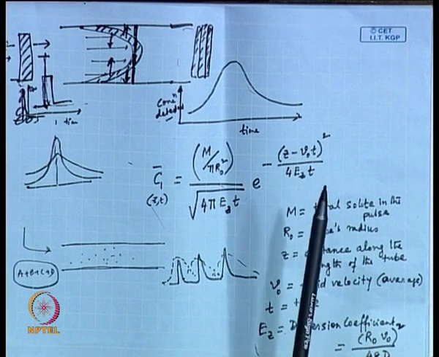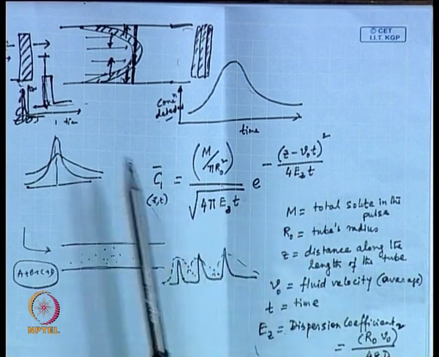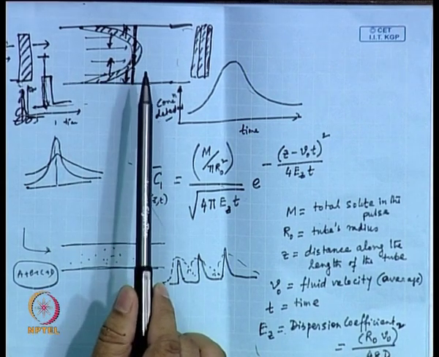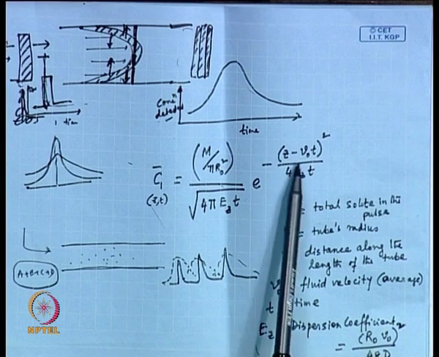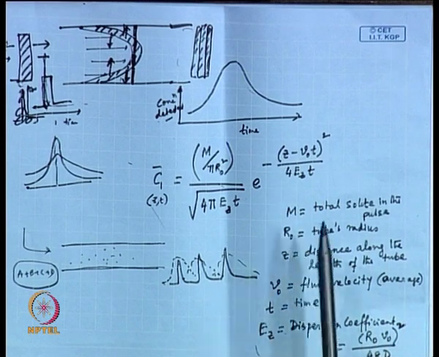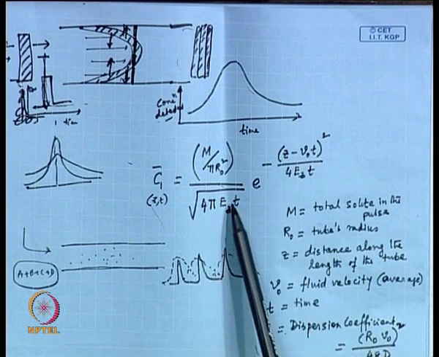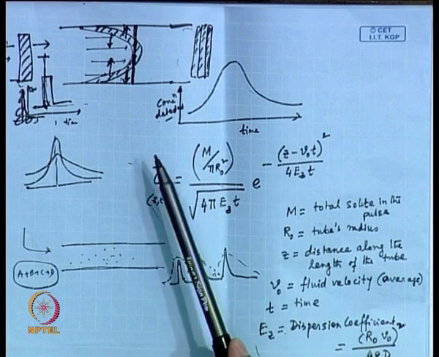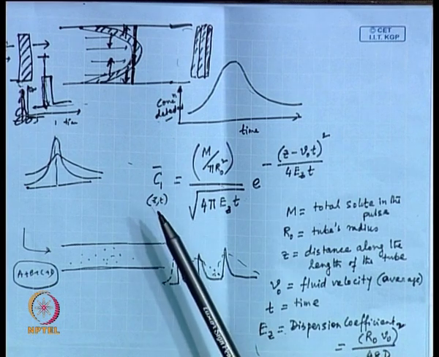V0 t is the distance that the pulse would have moved at an average velocity V0 in time t. So z minus V0 t is an offshoot of going to a moving coordinate system, and this Ez is equivalent to diffusivity.